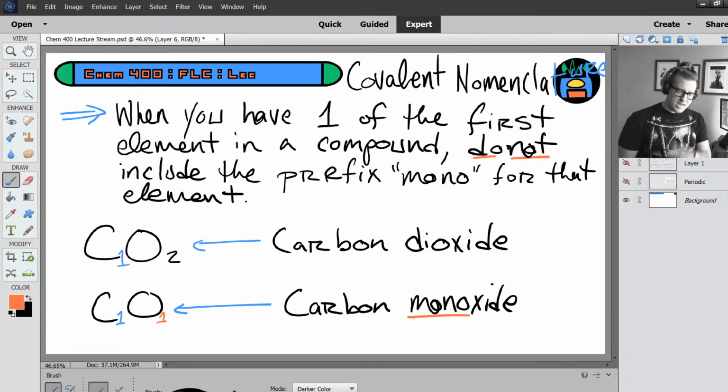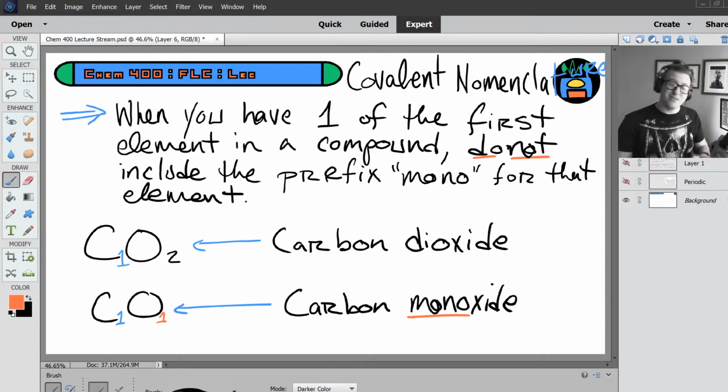Okay. Now, that is covalent nomenclature. You can now name all ionic compounds and covalent compounds. So there's one last bit of naming out there, and that is acid nomenclature, how to name acids.